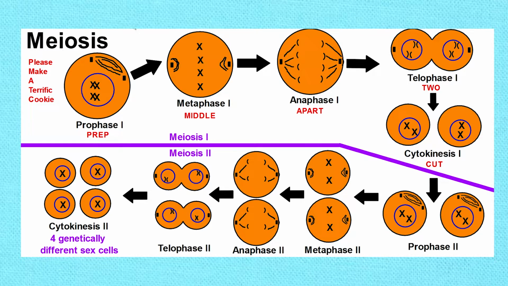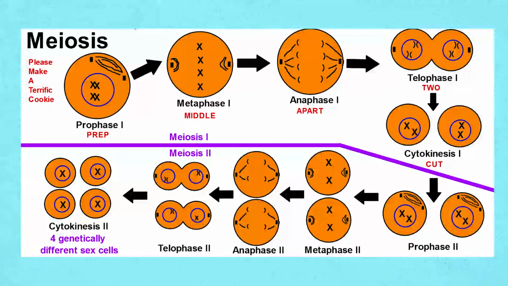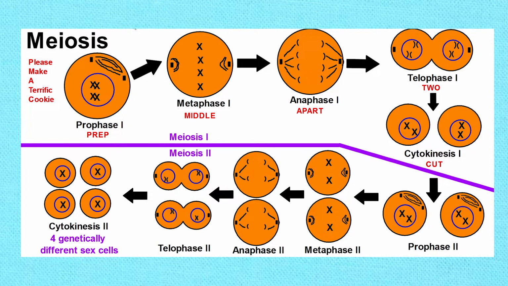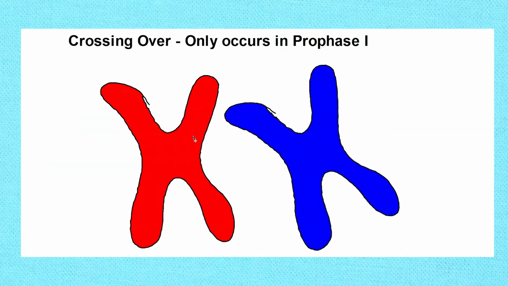So how do we take the mitosis steps, which created a perfect copy, and change them a little bit so that we now create different cells at the end of the process? The process is called crossing over, and it only occurs in prophase 1. So assume these are our chromosomes floating around in prophase 1. You got a red one and a blue one, which means they have different traits.